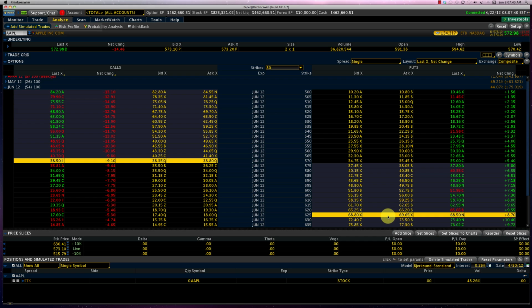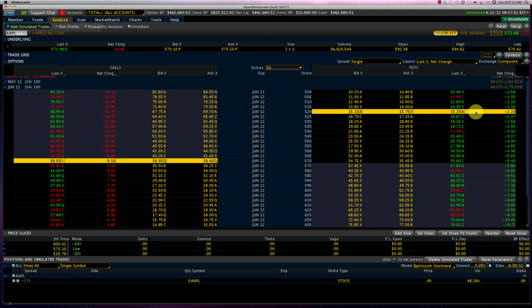So when you buy a put option, you are looking at the price of the stock going down. So let's say we bought, for example, the 520 put option. The 520 put option is out of the money because Apple has to go from 572 all the way down to 520 for this put option to become profitable.